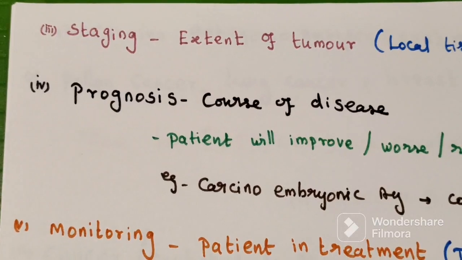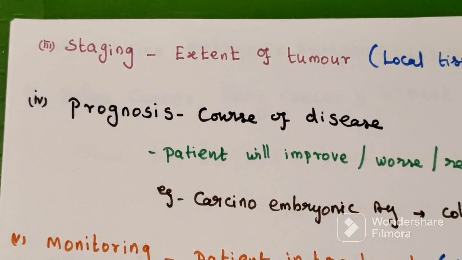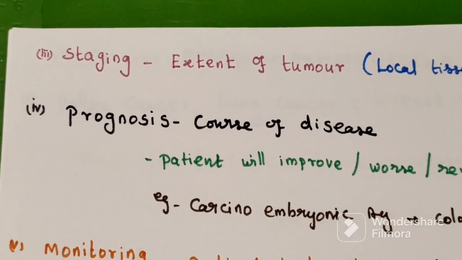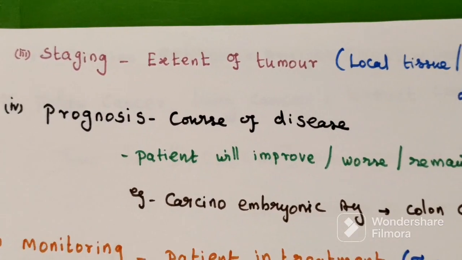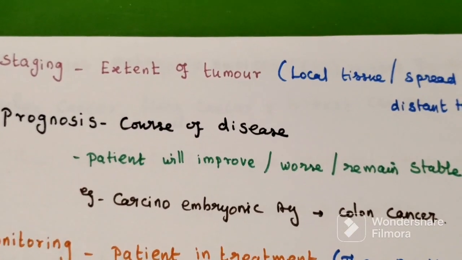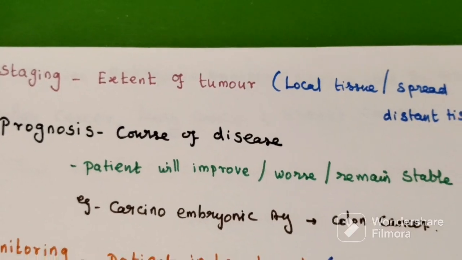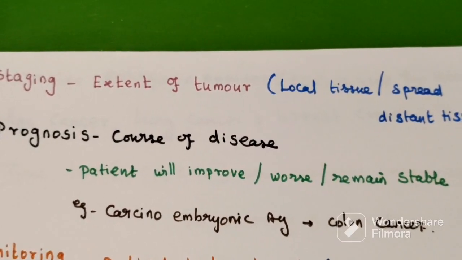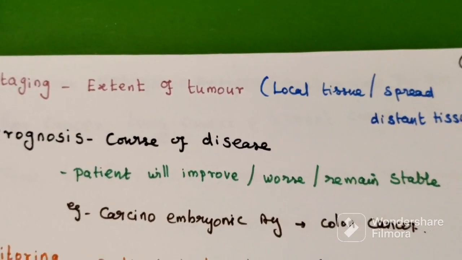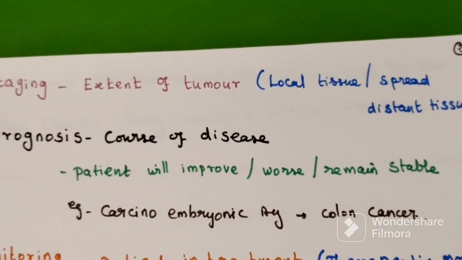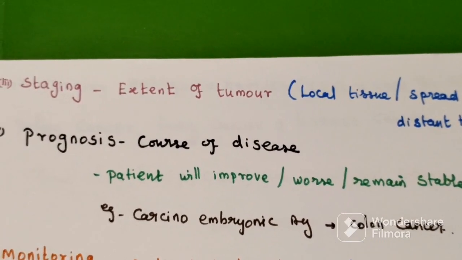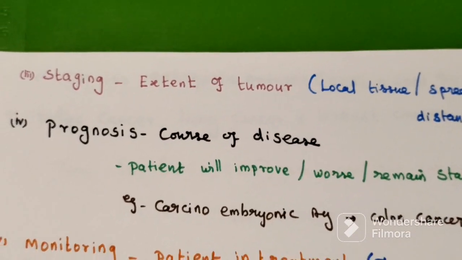The third one is staging. Staging means the extent of the tumor, whether it invades local tissue or spreads to distant parts, that is metastasis. It tells the staging of cancer.